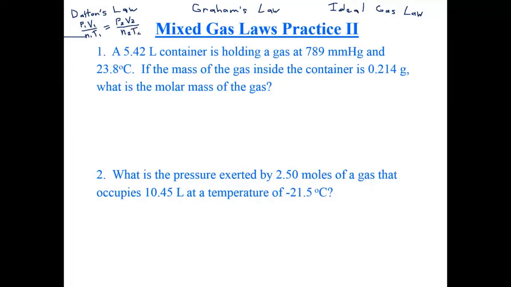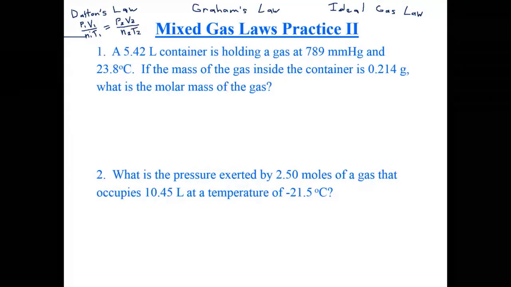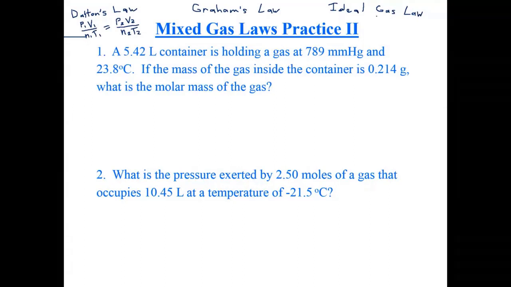And how do you know which one to use? How do you know when to use P1 V1 over n1 T1 is equal to P2 V2 over n2 T2, and how do you know when to use the ideal gas law, PV is equal to nRT? It comes down to the number of sets of conditions you have.